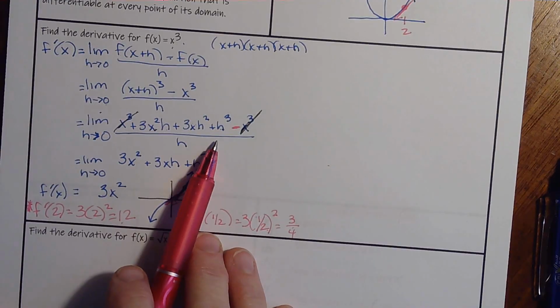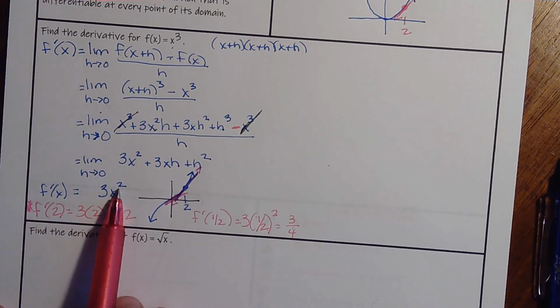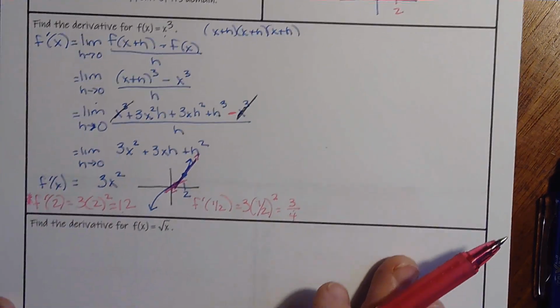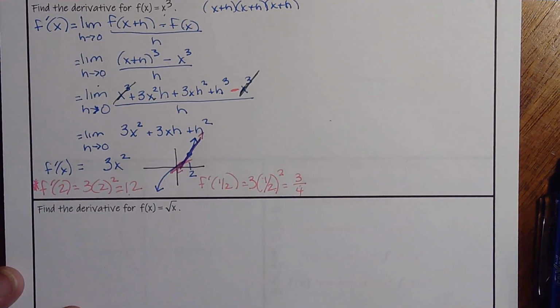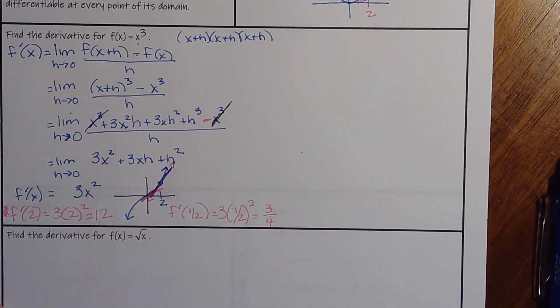So this simply represents an expression for finding the slope of any tangent line on that curve.